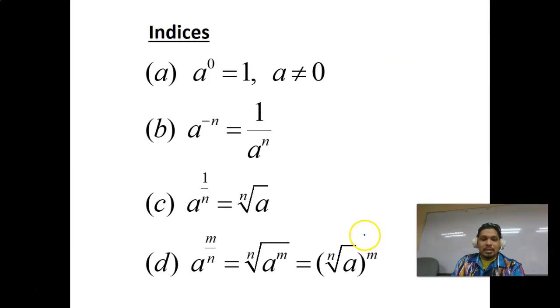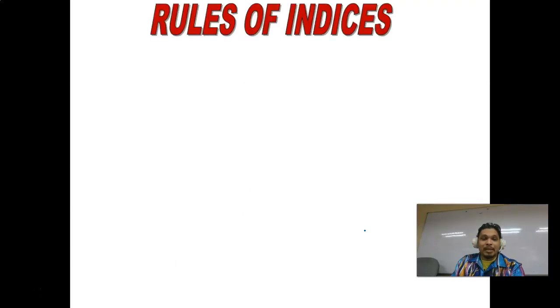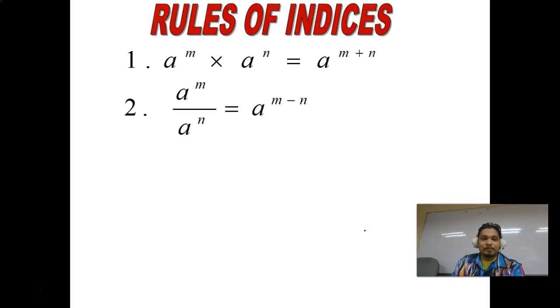This is the ratio index, and look at all these properties. These are the rules we're going to use to solve questions of indices. For example, 2 squared multiplied by 2 cubed is 2 to the power of 2 plus 3, equal to 2 to the power of 5.